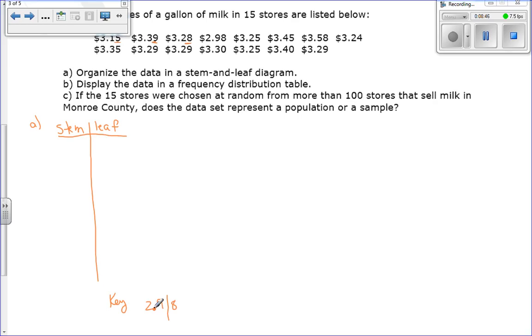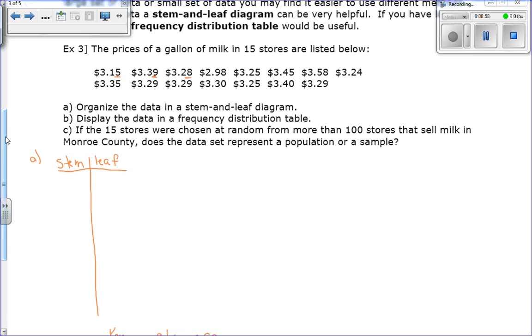So it looks like 2.9 slash 8, and this equals $2.98. When we do our stem and leaf diagram, the values must also be in numerical order, either highest to lowest or lowest to highest, depending on how you look at it.